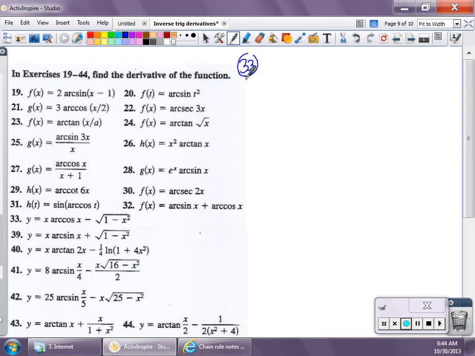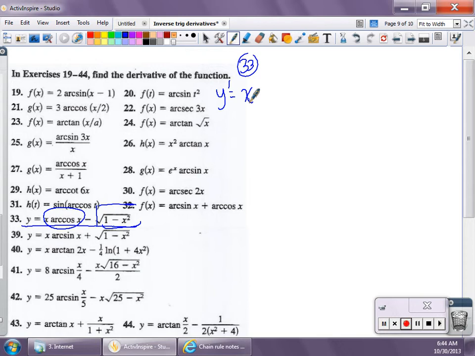All right, in problem number 33, you can see that in the first term, we're going to need the product rule, and in the second term, we're going to need the chain rule. So in number 33, applying the product rule, I'll have the first function, which is x, times the derivative of the second.